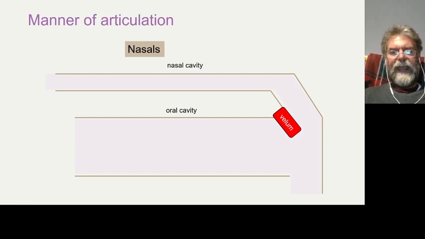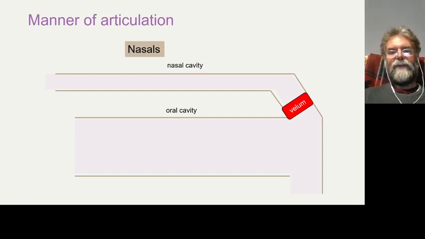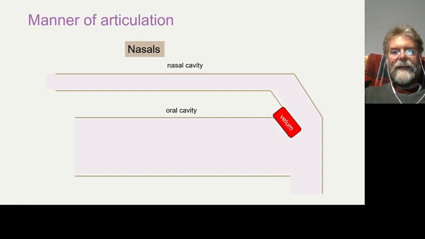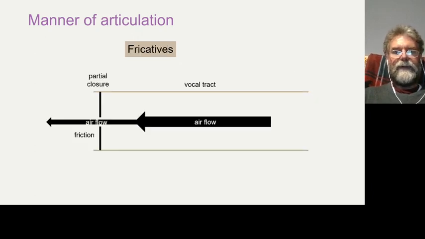The velum, as I said, is this soft bit of palate. It's movable, it's a muscle, and you can do all sorts of things with it. One thing you can do is raise it, touching the back of your throat, and by doing so that blocks off the nasal cavity. So you can raise and lower your velum up and down.